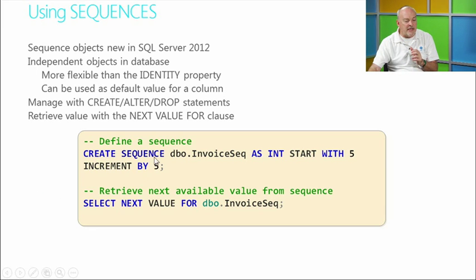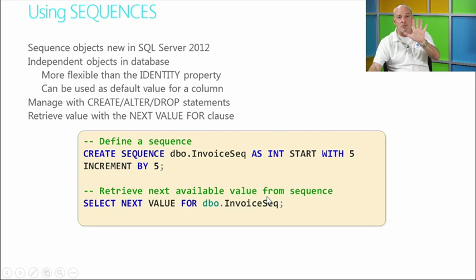So this is going to create a sequence called invoice sequence as an integer. And here's my seed value, it starts with 5. And here's my increment value, increment by 5. So wherever I use this invoice sequence, the first row is going to be added as 5, the next row will be 10, 15, 20, etc. And then if I want to retrieve information, like what's the last number that was used, I can select next value for dbo.invoice sequence.